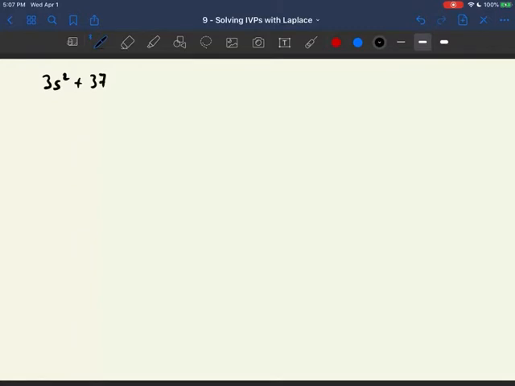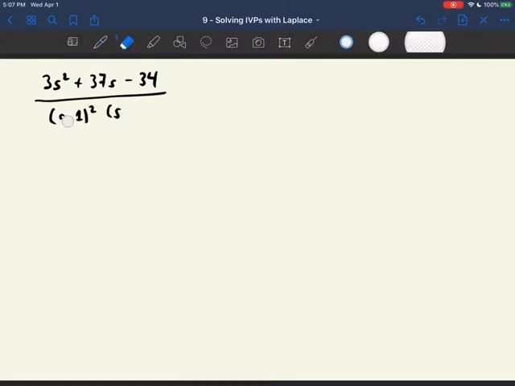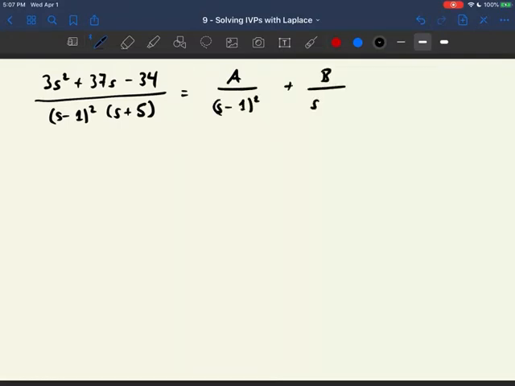We have 3s squared plus 37s minus 34 over s minus 1 squared times s plus 5 equals A over s minus 1 squared plus B over s minus 1 plus C over s plus 5.